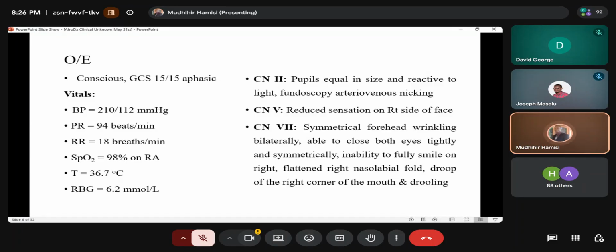Coming to the nervous system examination, the higher centers were not much assessed due to the physique of the patient, but the most significant were the cranial nerves, starting with the optic nerve, in which the pupils were equal in size and reactive to light, and we did a fundoscopy, which was significant for arteriovenous nicking.